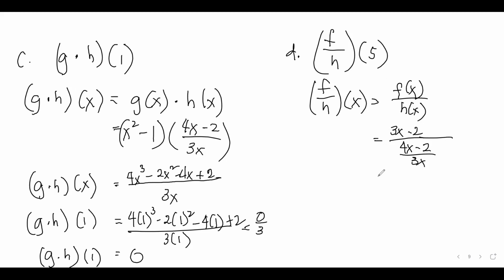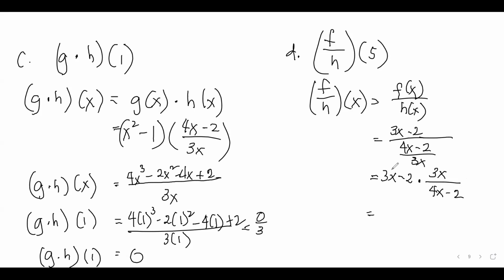Anong sinabi ko, class? Kapag merong fractions or merong denominator na fraction, we need to reciprocal the denominator and multiply it to the numerator. So ang mangyayari is magiging 3x minus 2 times the reciprocal, which is 3x over 4x minus 2.